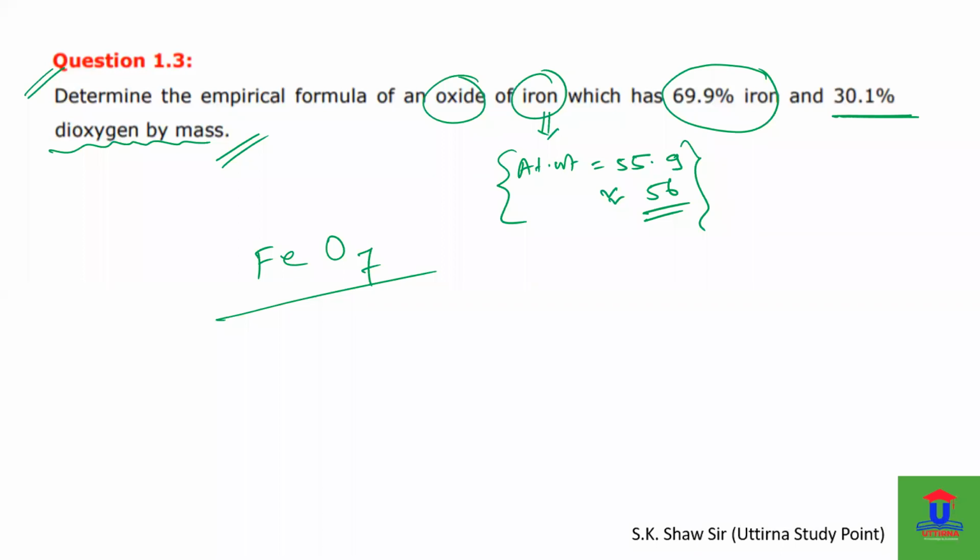Sir, I got FeO. Okay. Who got it, Swayam? Yes, sir. Okay, FeO. Sir, Swayam also got FeO. Who got FeO7? Sir, Deepak. Deepak.